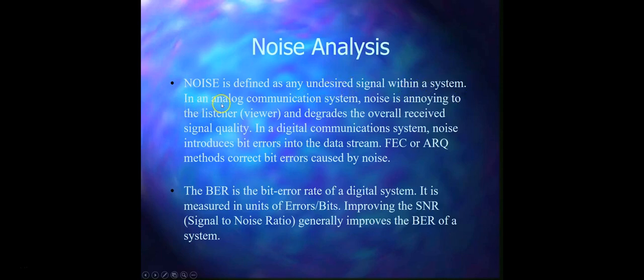And if we talk about analog communication systems, then noise is annoying to the listener and it degrades the overall received signal quality. And in digital communication systems, noise introduces bit errors into the data, and these errors can be removed by using two methods, which are FEC and ARQ.